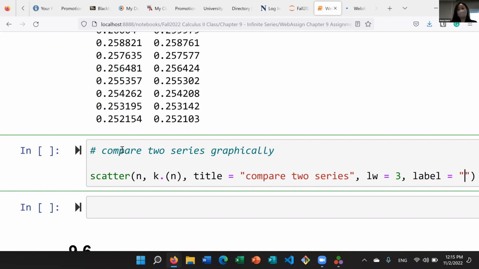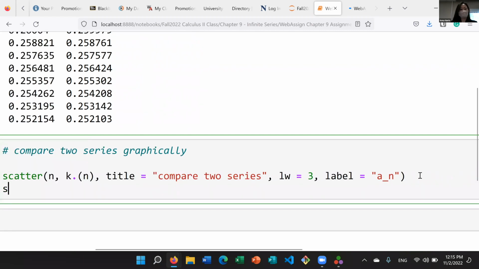That is your a sub n. Then scatter again with k2 dot n, line width also 3, and a label. That is a sub n plus 1.